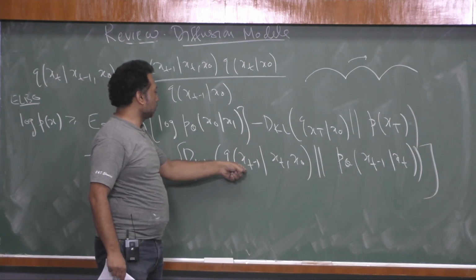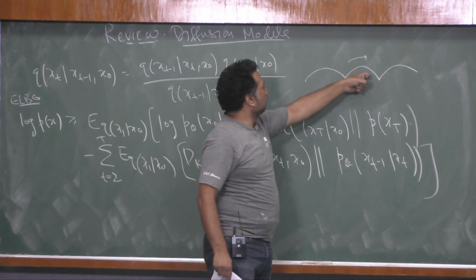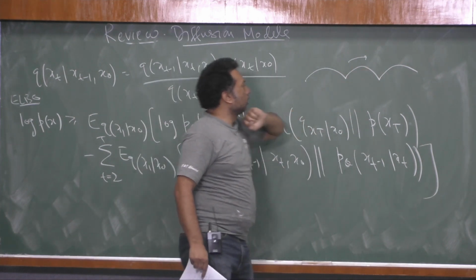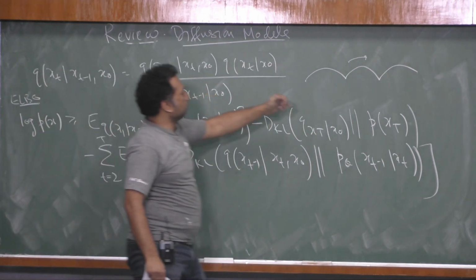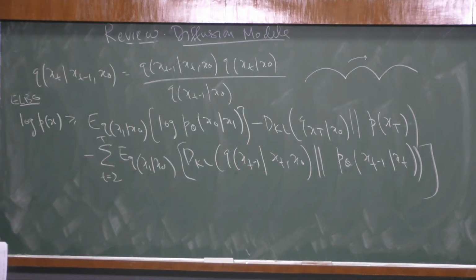Okay, so if we flip it again, then xt minus 1 will be known, because that's the noise that I added to get to xt from xt minus 1. Okay, so these are the tricky places where we do this.